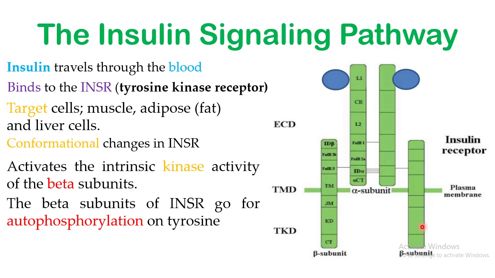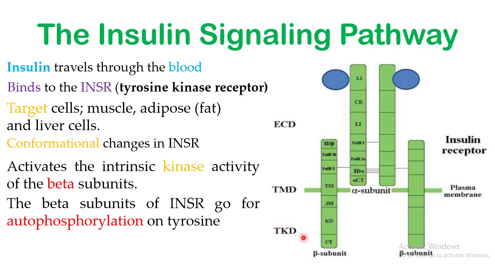Now, because of the conformational changes, the tyrosine kinase domain of the beta subunit gets activated, and it is going to go for autophosphorylation. What I mean by autophosphorylation is that this beta subunit is going to utilize its tyrosine kinase domain.